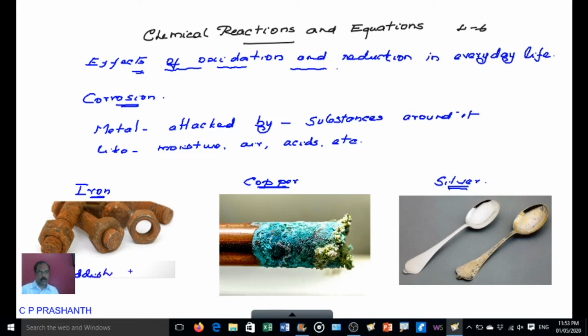In the case of iron, you can see a reddish brown colored substance. Copper is giving a green coating, and silver is becoming black.